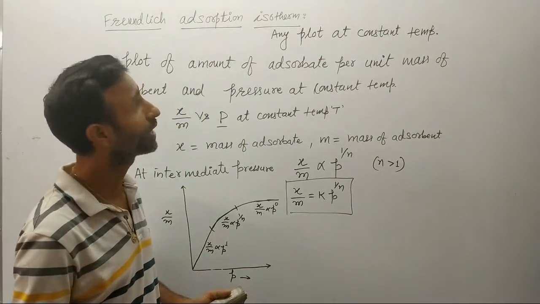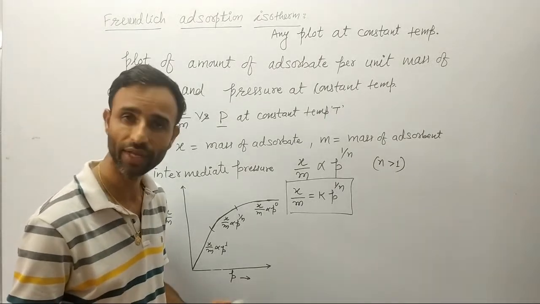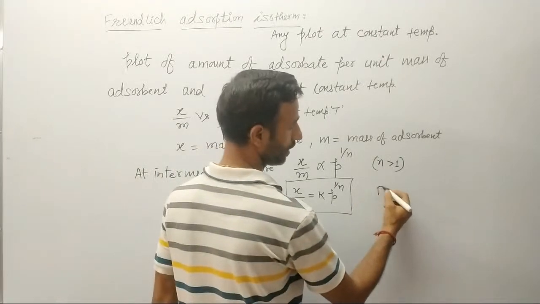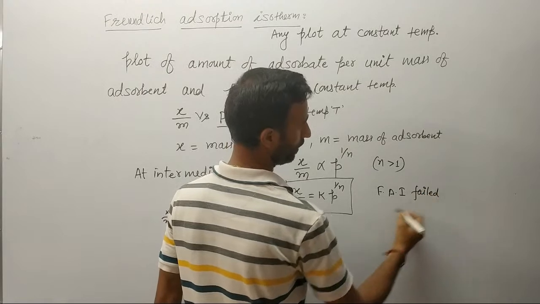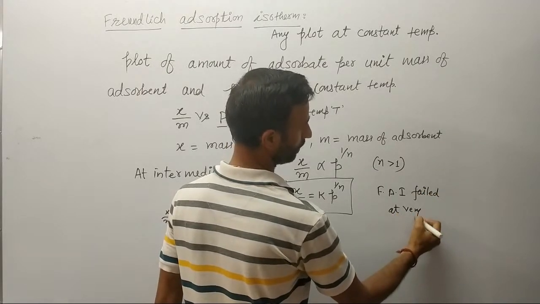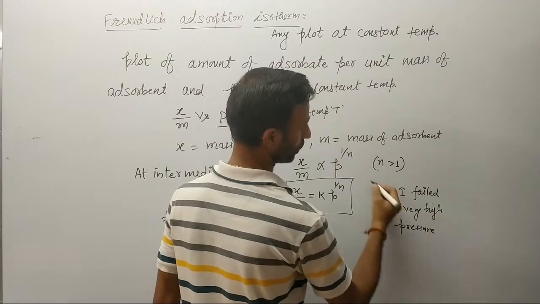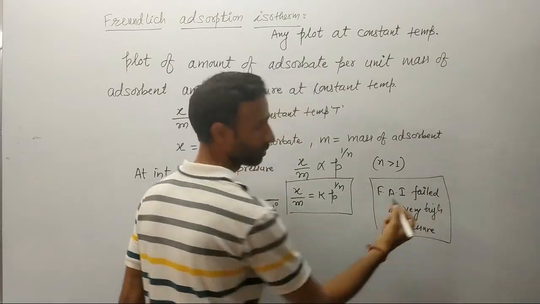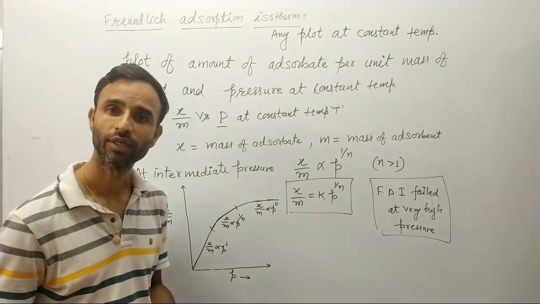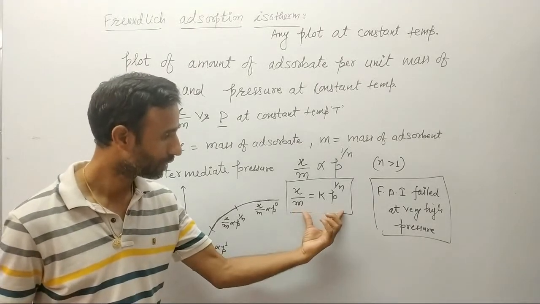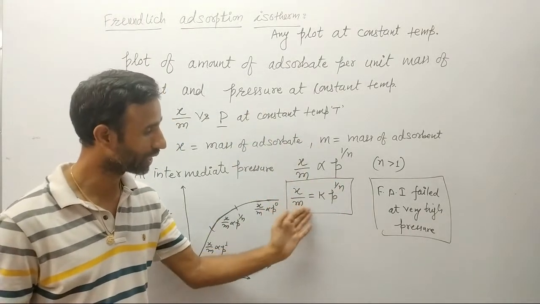That means Freundlich adsorption isotherm failed at very high pressure. So this is the limitation of Freundlich adsorption isotherm, and this is the actual equation of Freundlich, also called the Freundlich equation.